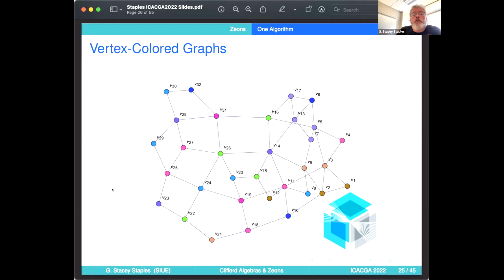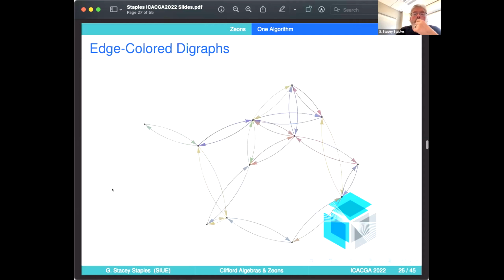Okay, so this is an example of what I was talking about, the vertex colored graph. Suppose I wanted to count all the walks from one vertex to another without repeating a color of a vertex. Or all the walks from one vertex to another in this graph where I don't repeat a color of an edge.